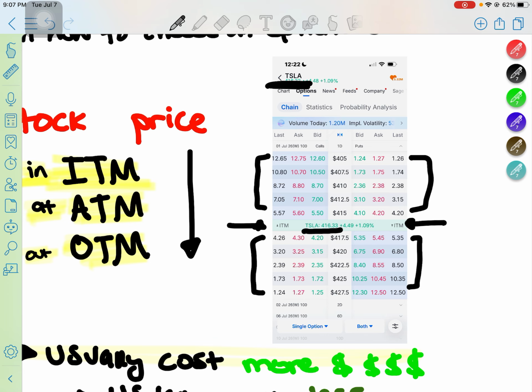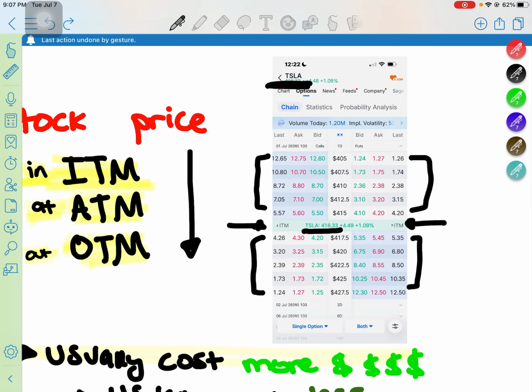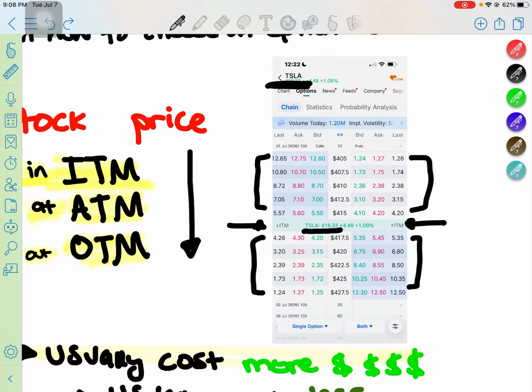Some of them are closer to our trading price, to our stock price. Some of them are going to be further away. Some cost more, some cost less. The whole goal is not to find the best contract. It's literally to pick the one that fits your trade.